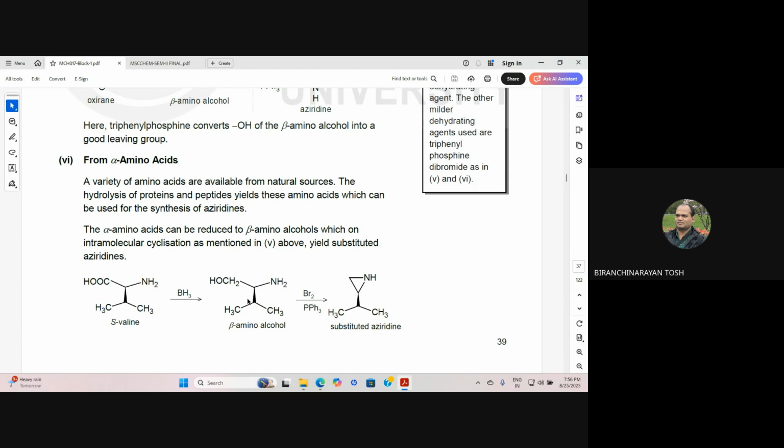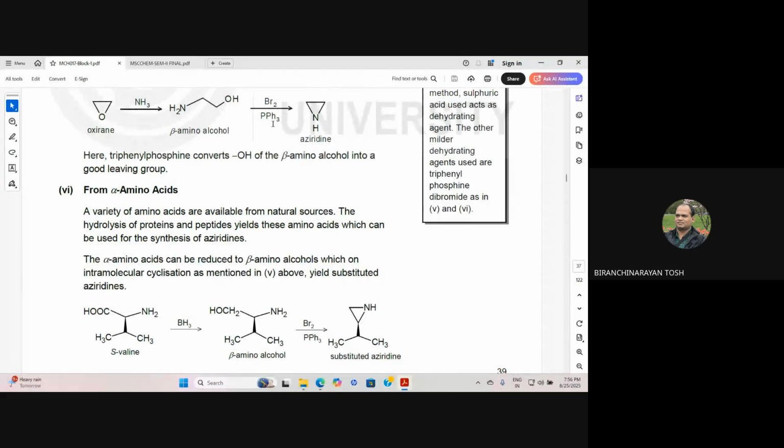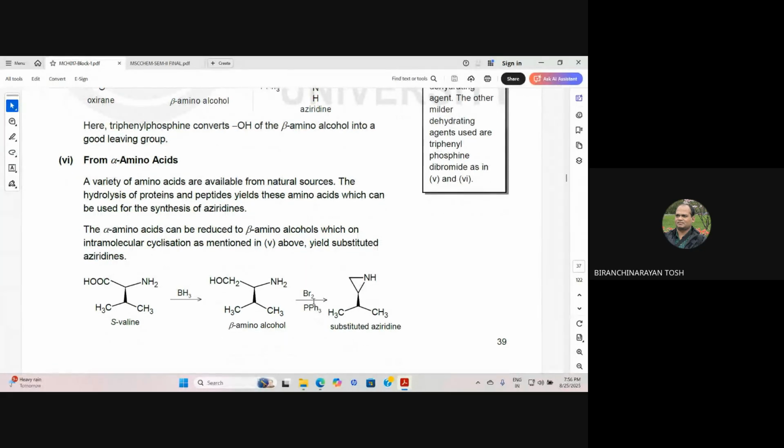By this method, we have taken valine, which reacts with a reducing agent, producing a beta amino alcohol. Again, by the same method, when treated with bromine in the presence of triphenyl phosphine, it gives a substituted aziridine.